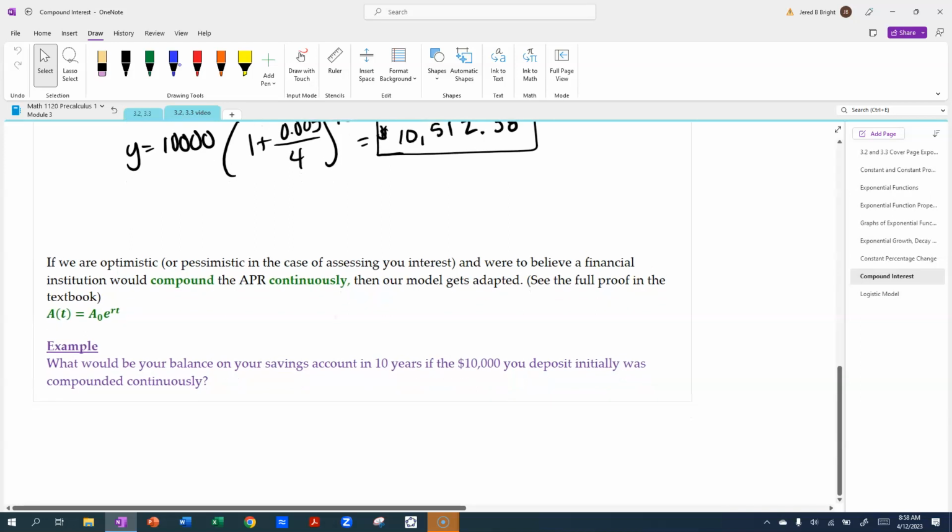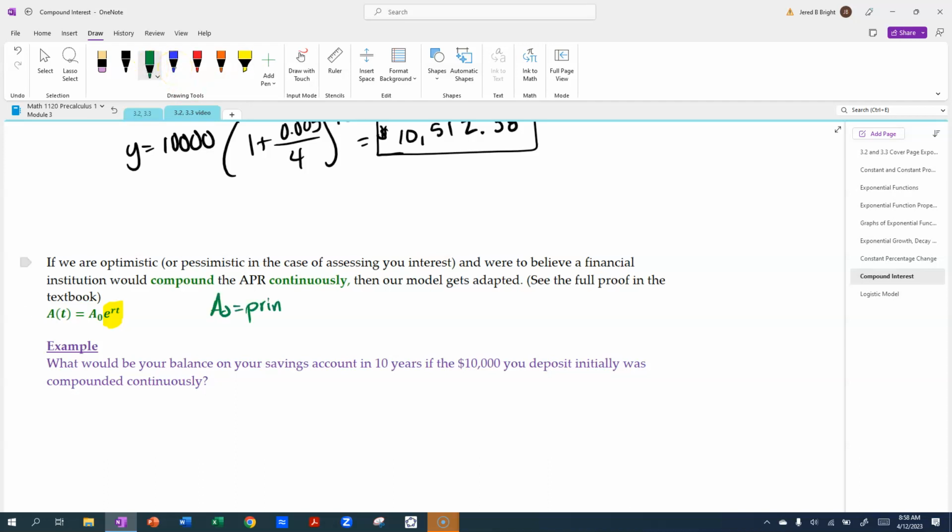Okay, in that case our model shifts, and it shifts to be A0 e to the RT. So this is just in terms of the notation. A0 is still your principal. Okay, previously we called this just A, and then e to the RT takes the place of b to the t, or the 1 plus r to the t.